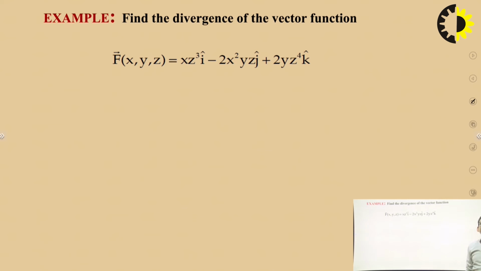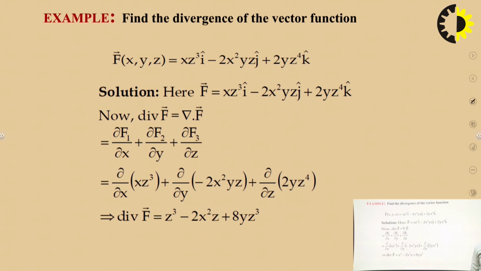Now find the divergence of a vector. Coming to the mathematical application, this is the vector we are given, and we have to determine the divergence of this vector function, which is defined by vector f equal to x z cube i cap minus 2 x square y z j cap plus 2 y z raised to power 4 k cap.